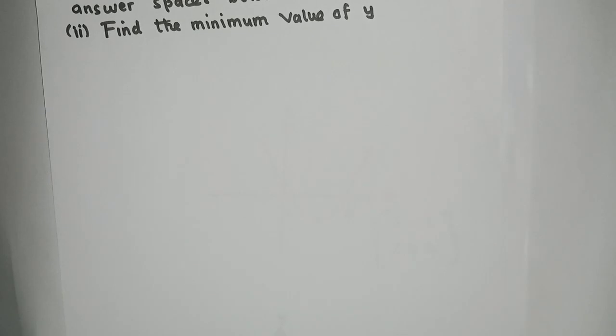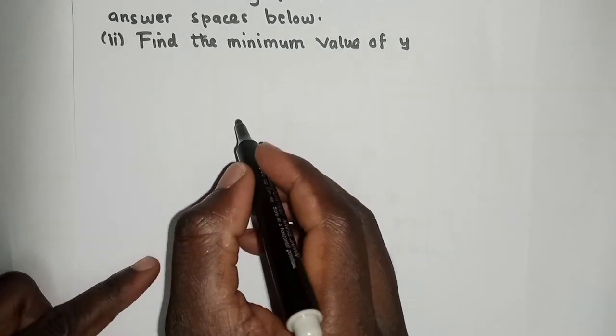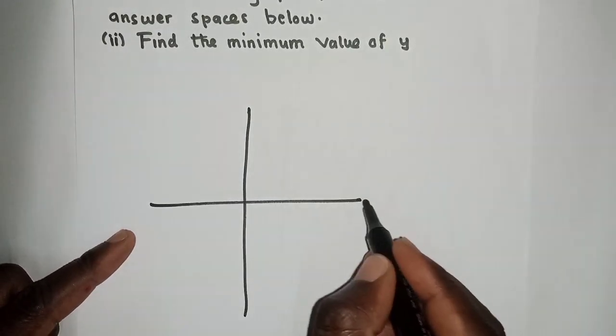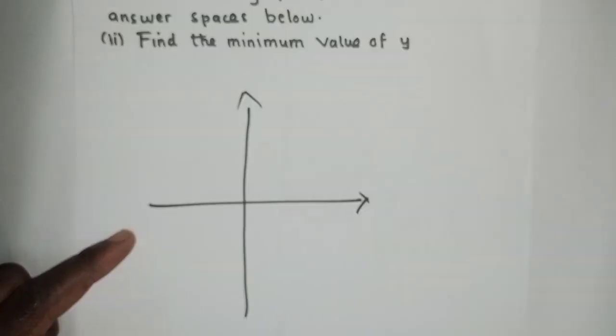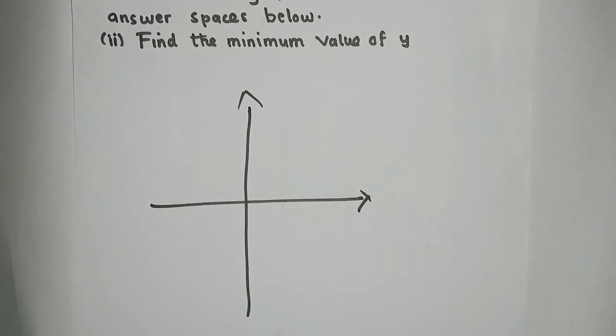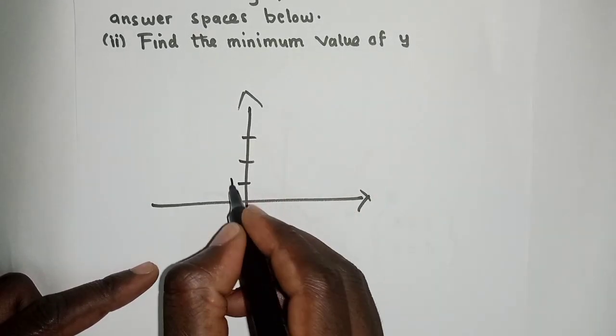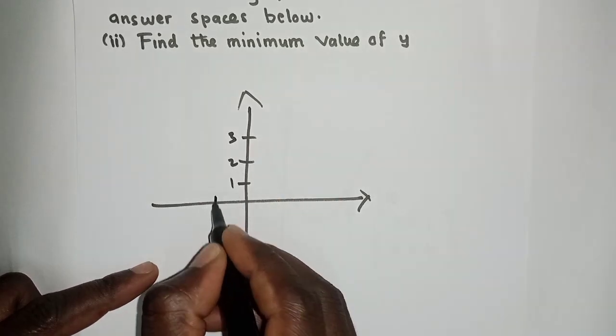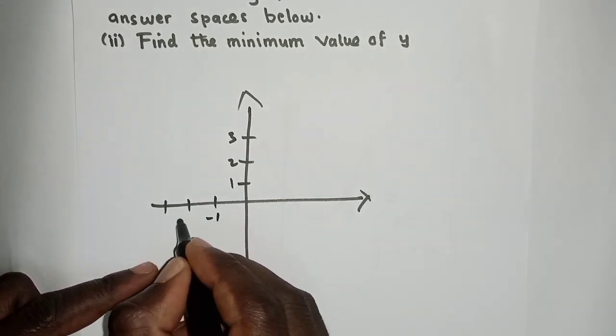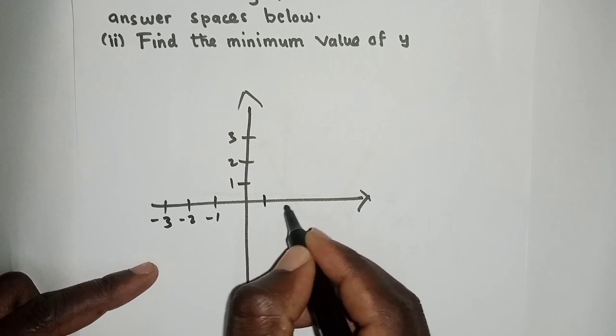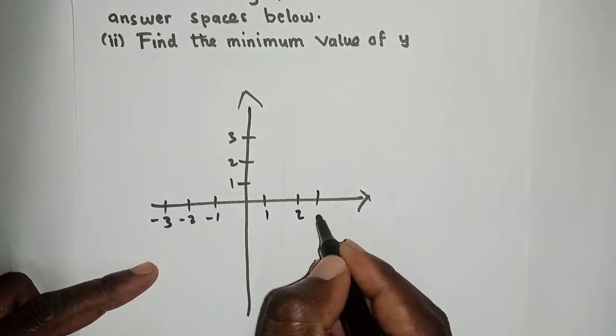So now we can graph. Our graph will look like this. We do the Cartesian plane there. So we have 1, 2, 3 on each axis, and -1, -2, -3.